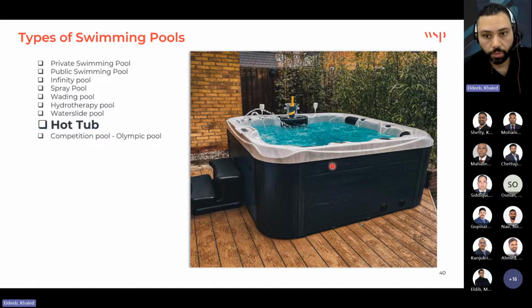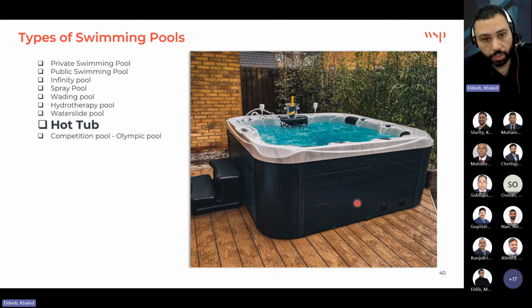So hot tubs are usually prefabricated, as I told you, Marwan, and equipped with a filtration system. Everything comes ready-made, including pumps, compressors for air bubbles, and many other features based on the brand and the size. So in most cases, our scope will be limited to providing MEP provision, but we can also do it.